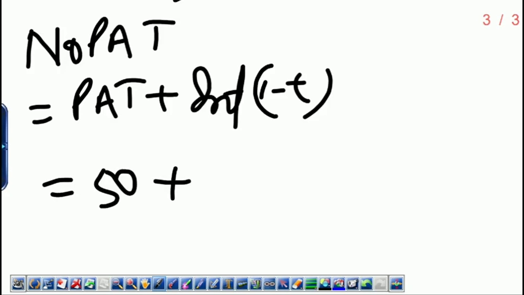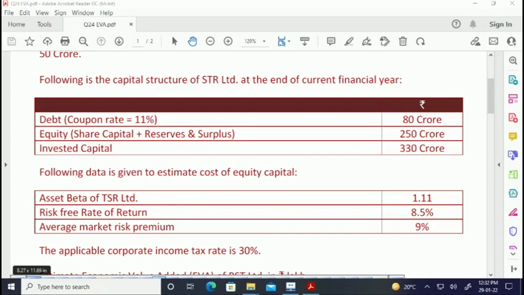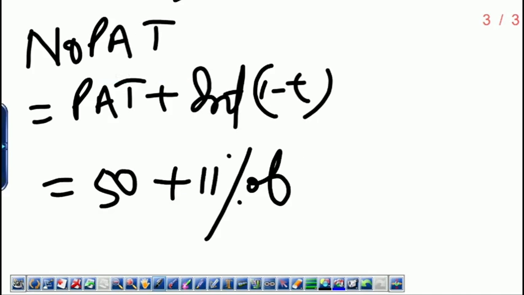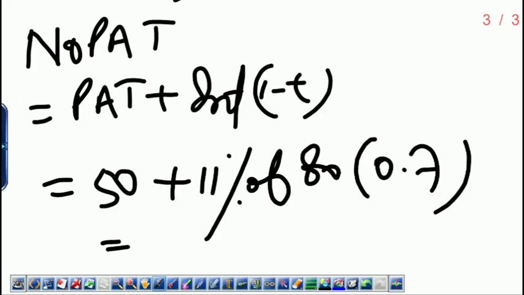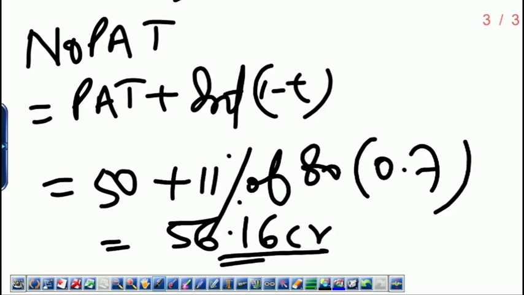So 50 crores plus 11% of 80 into 0.7, that is 56.16 crores, I think.